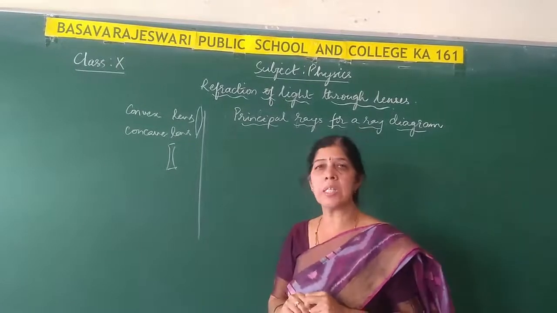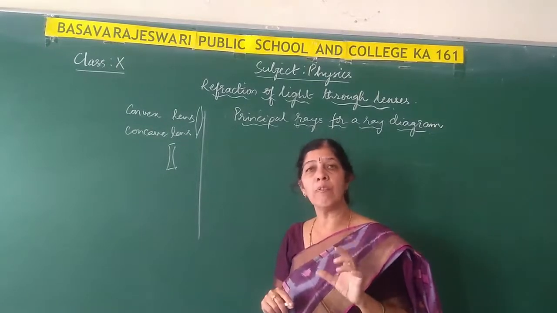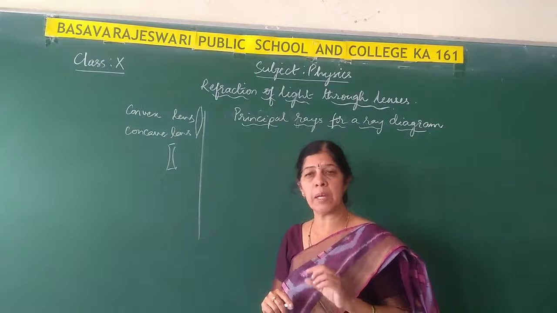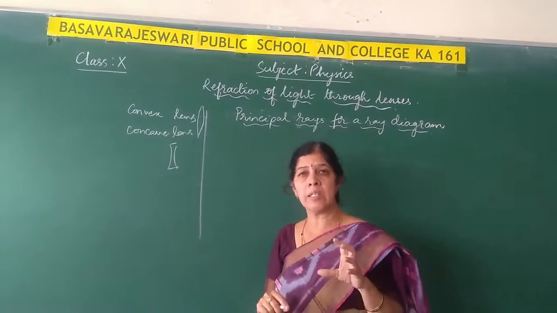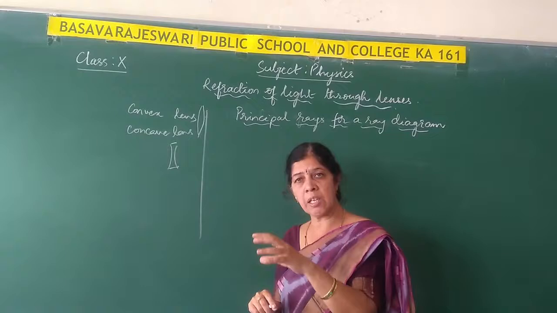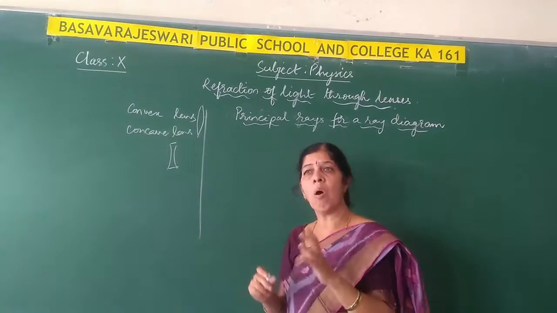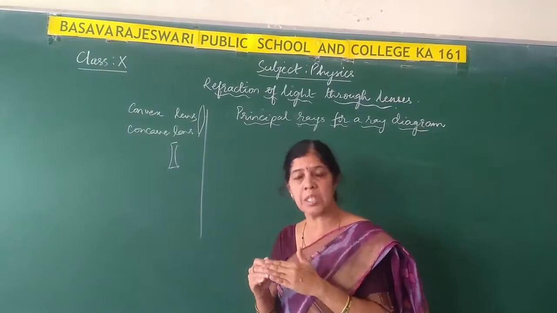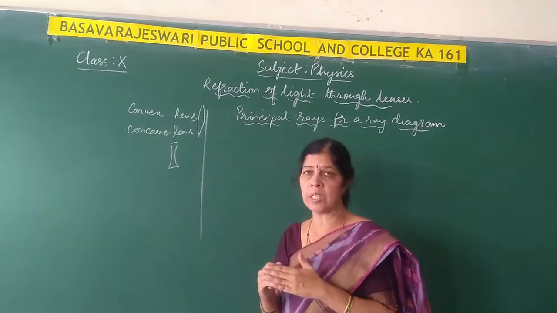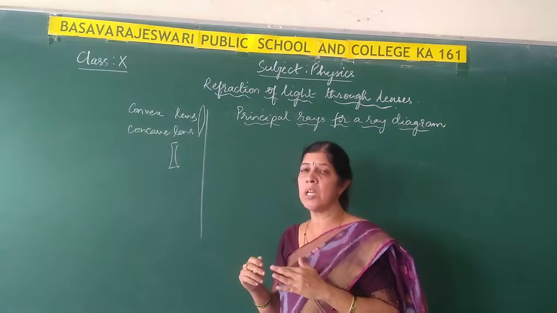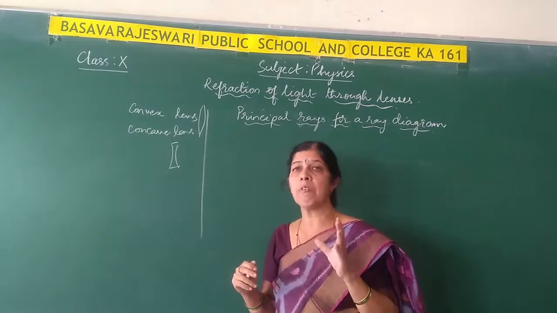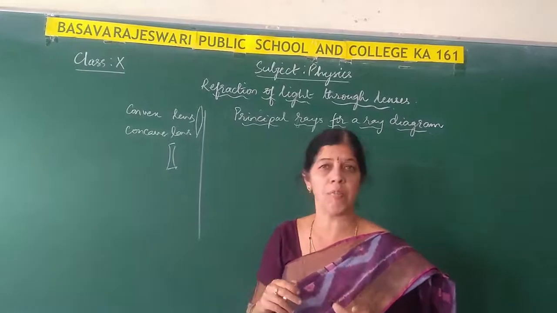Then one more thing is, a convex lens has a real focus and by that I mean principal focus. So there the light rays, after getting refracted through the lens, all the light rays will converge at a point. They meet at a point, and that point lies on the principal axis of the lens. So that point is called the principal focus of the lens in case of convex lens.